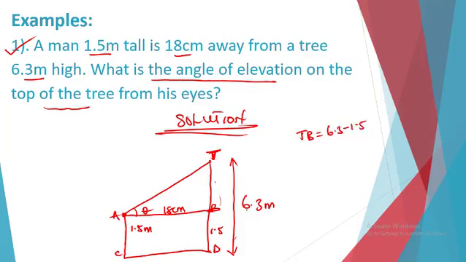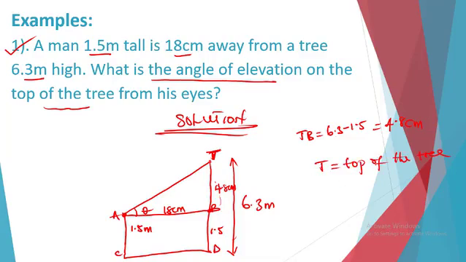That is the total length here, minus 1.5, which is the length of BD. 6.3 minus 1.5, what do we have? We have 4.8. So this is 4.8. Add the both of them, you still get the total number.